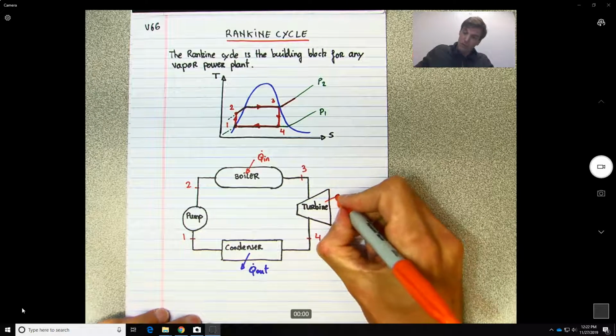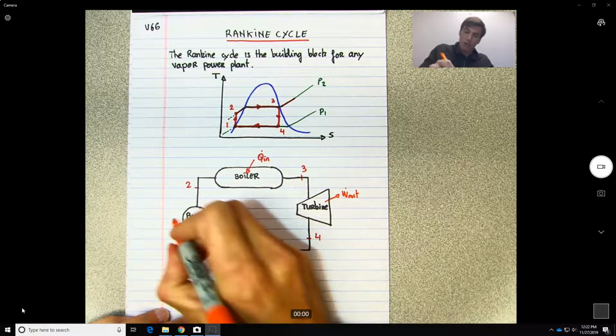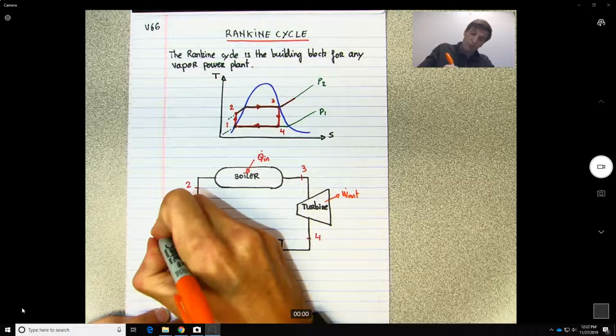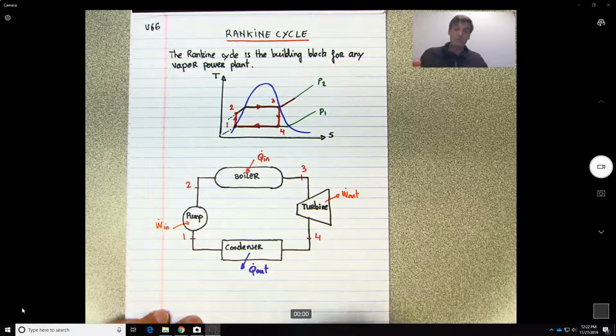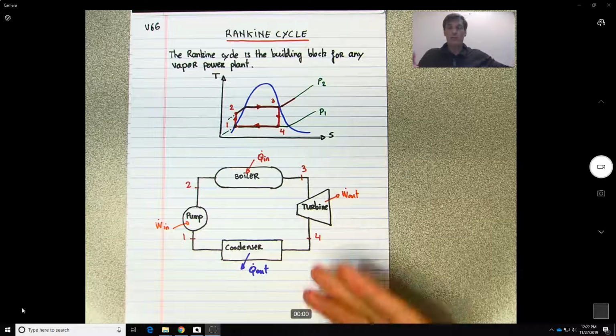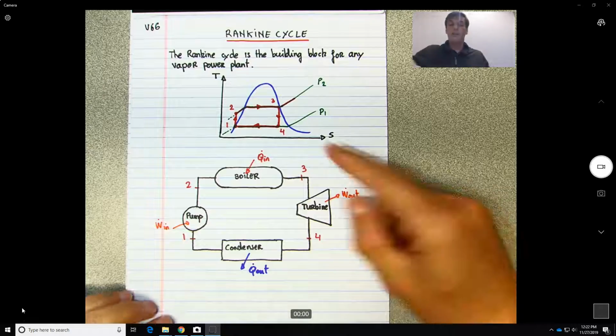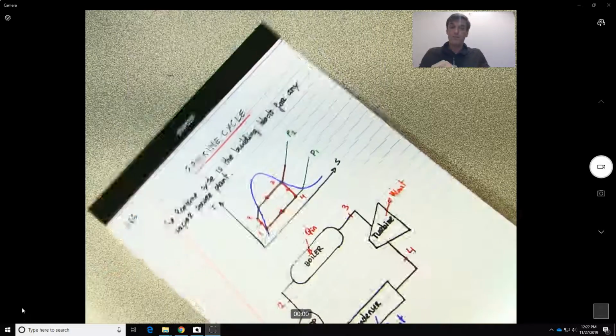To generate power. So you have some power out, but we'll have to put some power into the pump to make it work. Okay? So the next page I'm going to give a very quick explanation of what happens on each process.